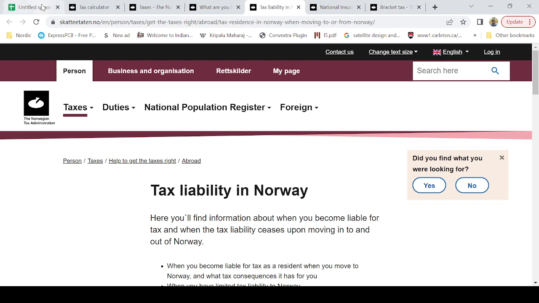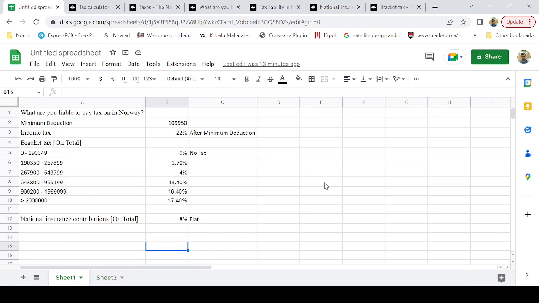Okay, so now before going to this XLS, let me tell you, if you are on the pay scheme, that means if your yearly income is less than 6,43,800 as of 2022, this limit may change next year or years ahead, so you need to keep track of that.